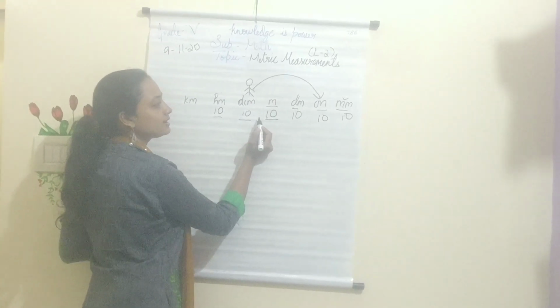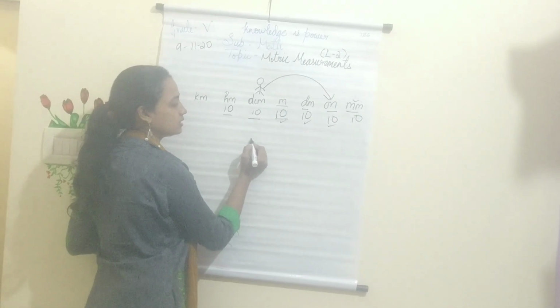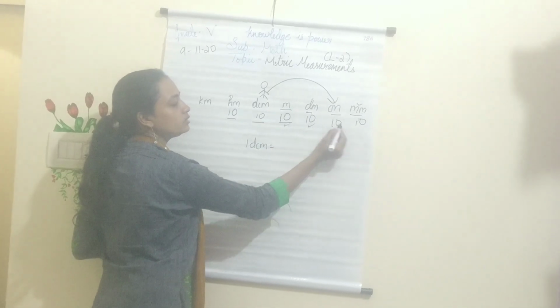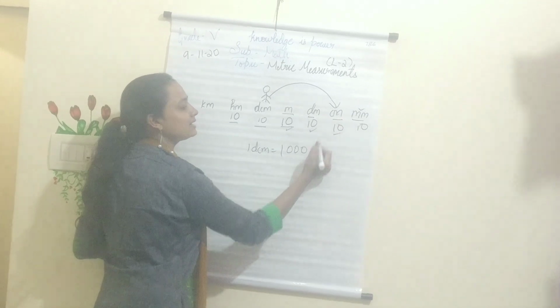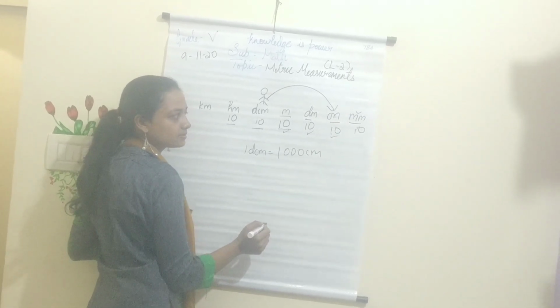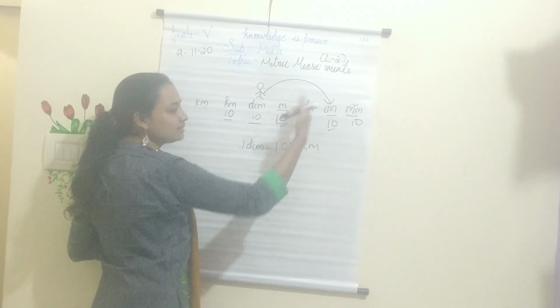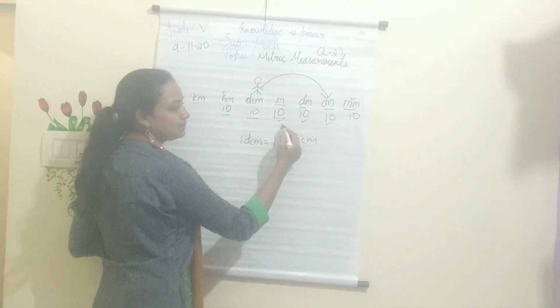How many tens should I multiply? 1, 2, 3 tens. So 1 decimeter will be equal to 3 zeros, that is 1000 centimeter. So when I go this side, to my right side, I should multiply by these tens.